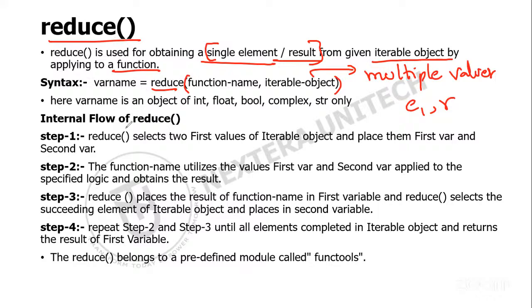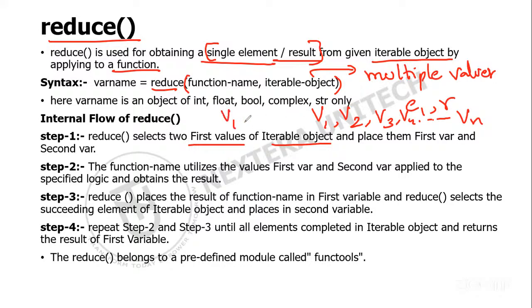Let us understand how reduce function is going to convert it to a single element, the internal flow. So reduce function initially selects two values from the iterable object. From this iterable object, let me have v1, v2, v3, v4, so on, vn. Initially, the first two values will be selected by reduce function.